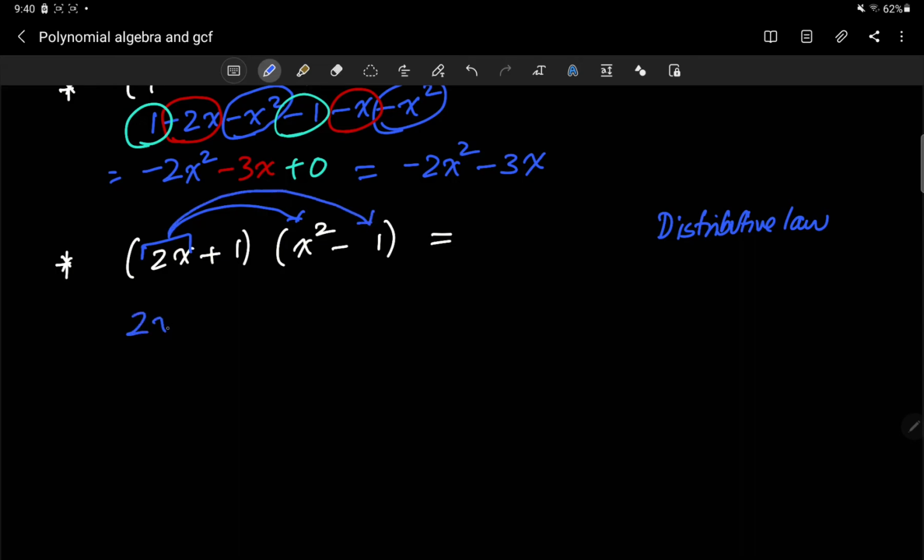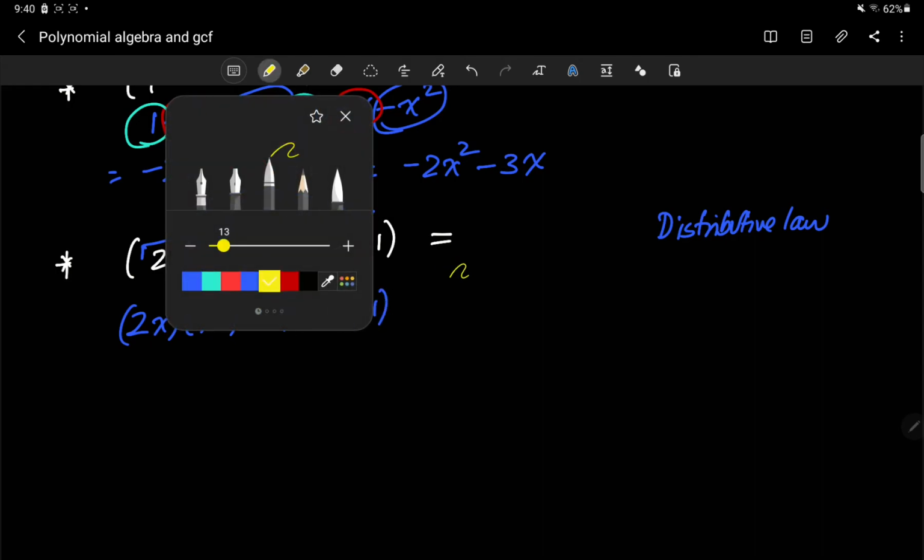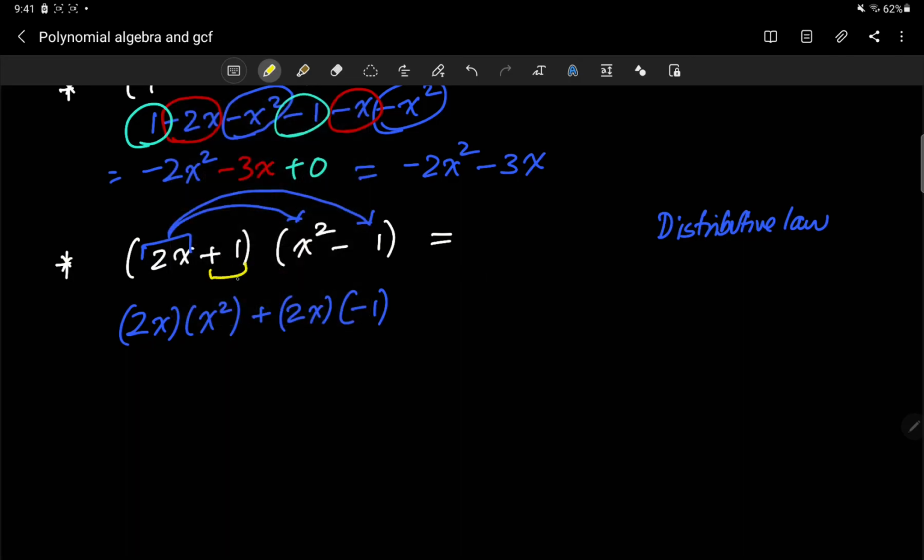So this is going to be 2x times x squared plus 2x times negative 1. Then you take the second term and you multiply it by the first and the second. So you get plus 1 times x squared plus 1 times negative 1.